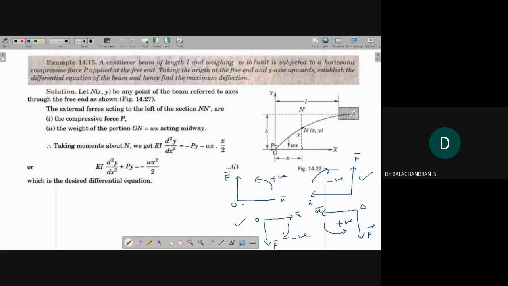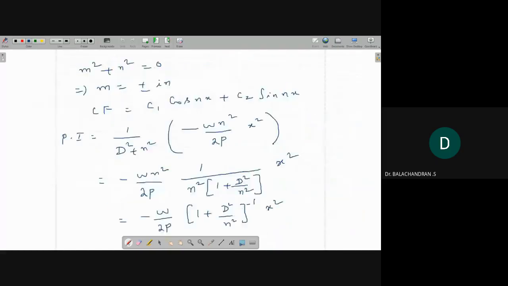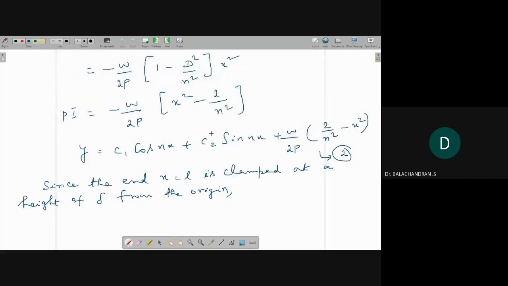Originally this position, now you have in this position. So the boundary conditions are the following. Now I am expecting an answer from you. I think you know the answer. When x is equal to L, what do you have?